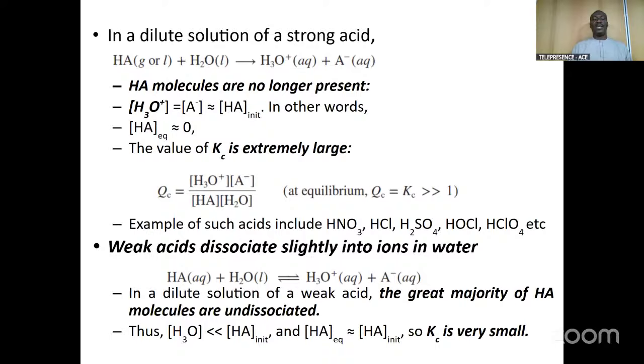If it is complete dissociation or ionization, by the time the ionization has completed, you will not see any HA molecules anymore.